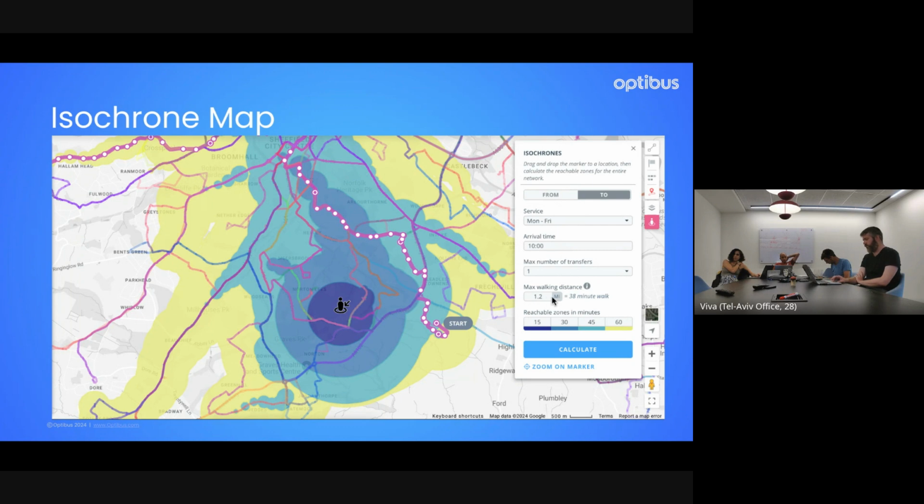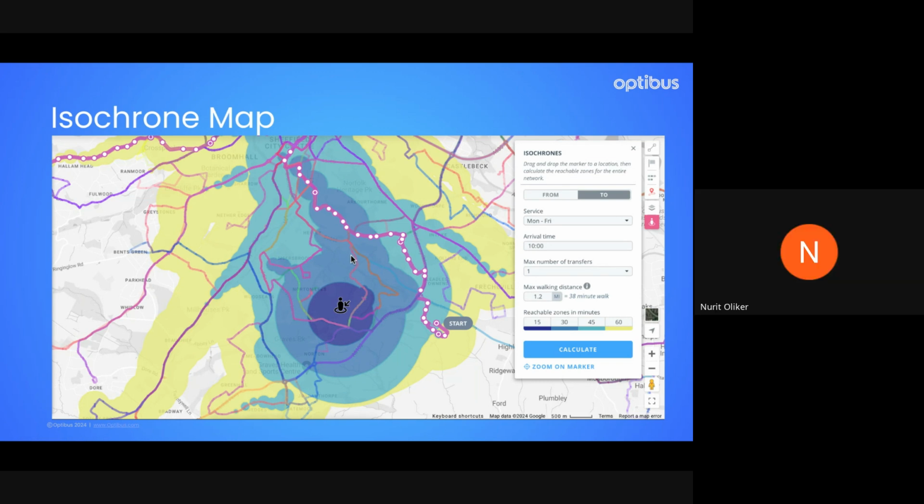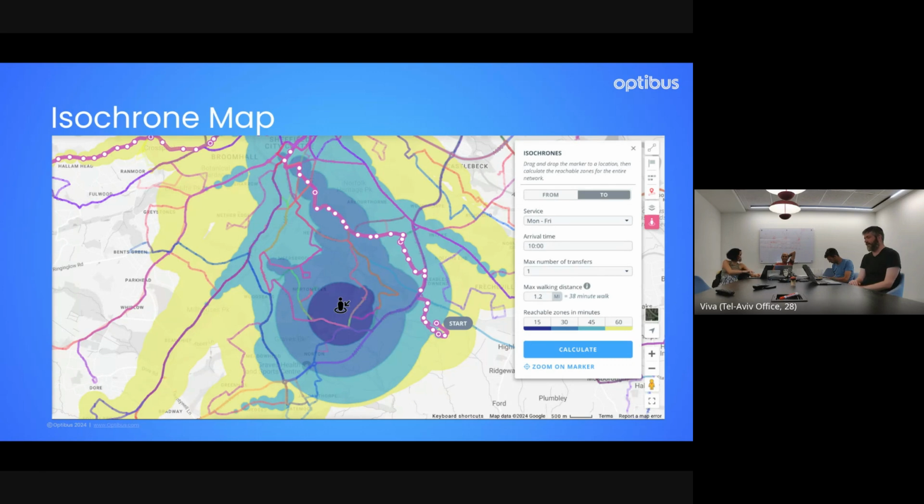I also changed the maximum walking time or distance from 5 minutes to something bigger, so now we don't get so many small circles. So how can we run the algorithms that will calculate this isochron?